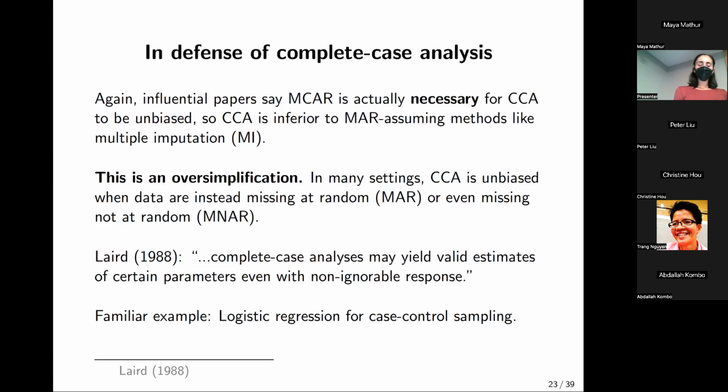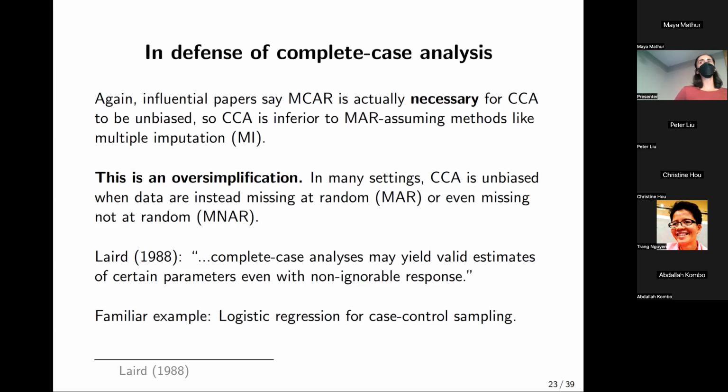And this is not new information. As usual, Nan Laird said it way back when. She has this beautiful paper in 1988 that does all kinds of things, classic Nan Laird. In there she has this little sentence: complete case analyses may yield valid estimates of certain parameters, even with non-ignorable response, which is another way of saying missing not at random. And actually this is pretty intuitive, right? We can all think of examples, like logistic regression for case control sampling.